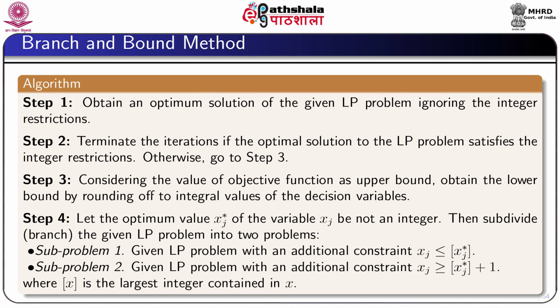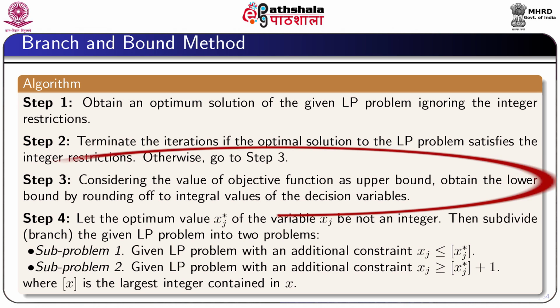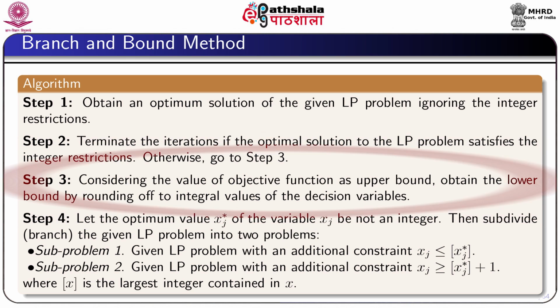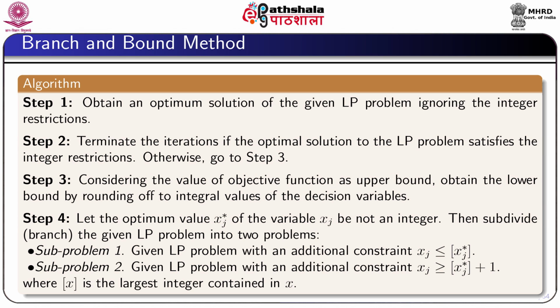In the next step, we can terminate the iterations if the optimal solution of the LP problem satisfies the integer restrictions. Otherwise, we will go to the next step. Step 3. Considering the value of objective function as upper bound, we obtain the lower bound by rounding off to integral values of the decision variables.